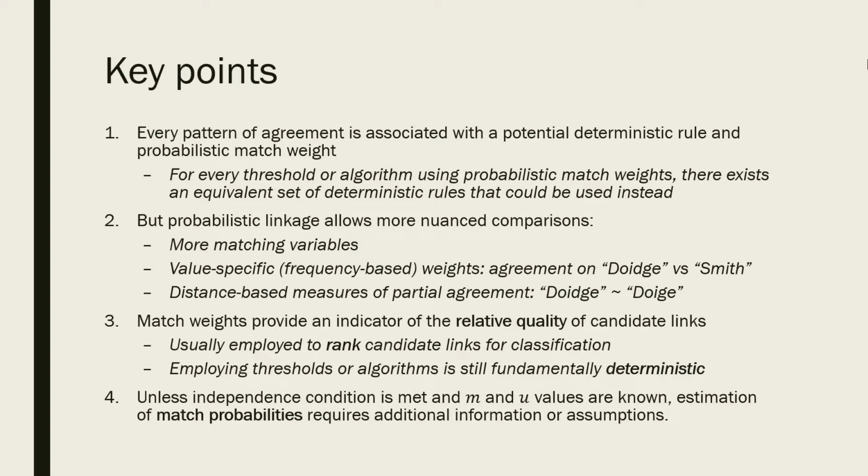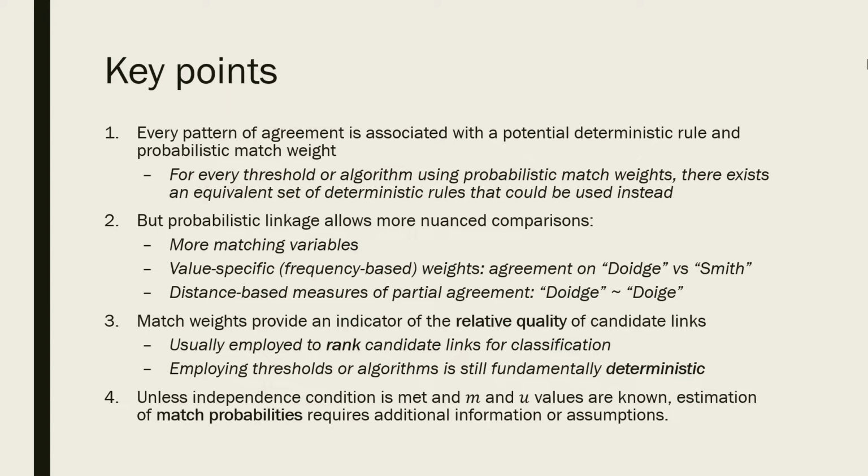But the main thing that probabilistic match weights provide is an indicator of the relative quality of candidate links. And this is usually employed just to rank all the candidate links and then classify them by just selecting the best.